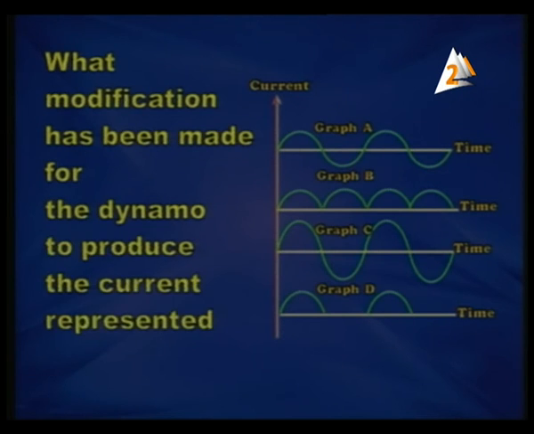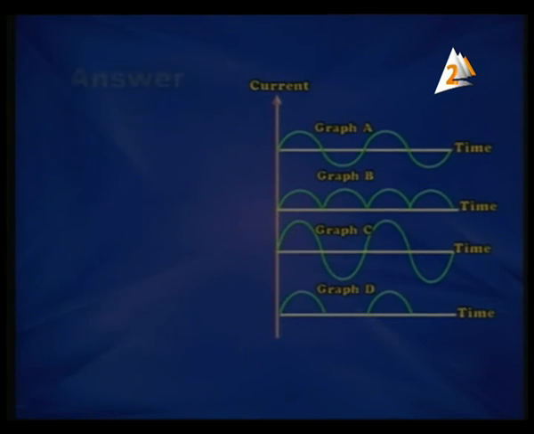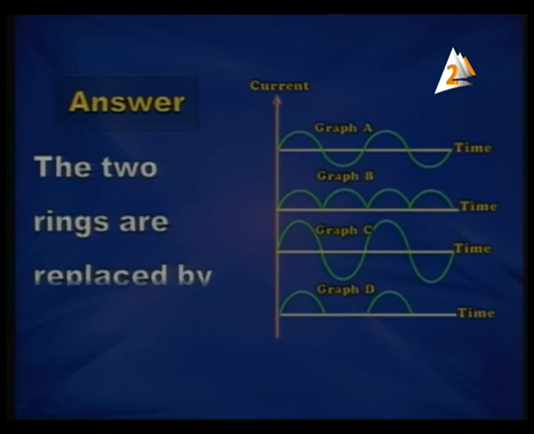What modification has been made for the dynamo to produce the current represented by graph B? I believe it's all easy for you. The current right now is unidirectional, but it's still changing. So the two rings are replaced by a commutator.